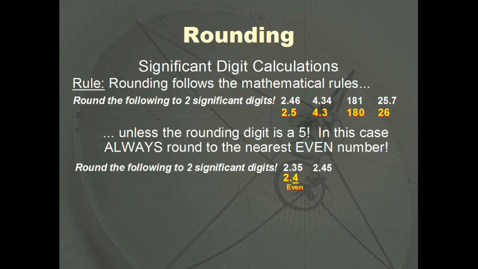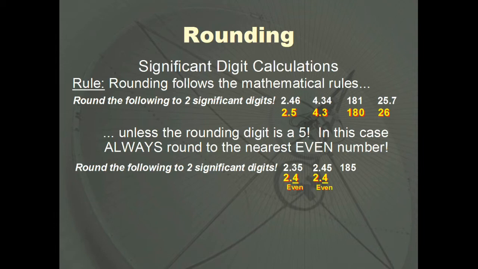But what about 2.45? If I would round up, I would end up with 2.5. But the 5 would be odd. Hence, I would round this one down to 2.4 because the 4 is the closest one that's even. What about 185?